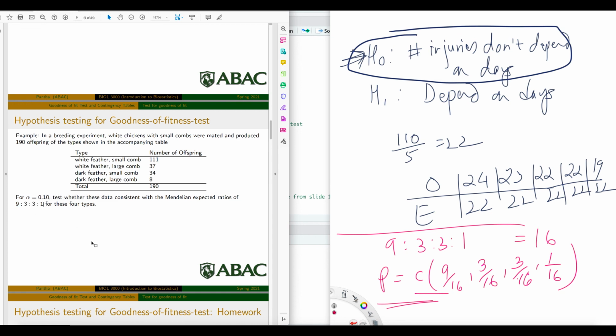Since you did not reject the null hypothesis, we say that these observed values follow the Mendelian ratio. Okay, guys, so this is how we perform a chi-square goodness of fit test to check whether the observed frequencies of the categories follow the expected frequencies of those categories or not.